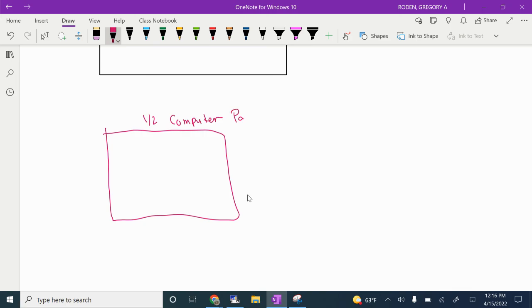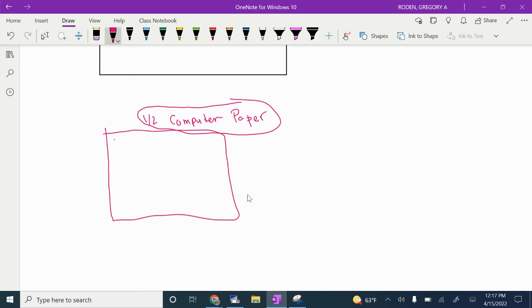Put your color marker back in the bucket, and I want you to answer this question on this piece of paper, and then staple it to your other paper. This is going to be your assignment for the rest of this class that you'll get points for.